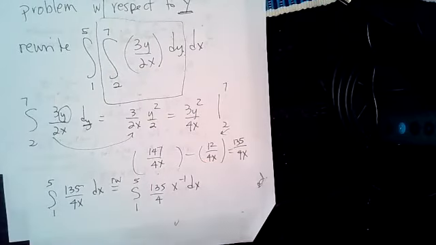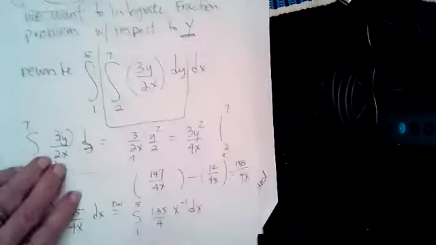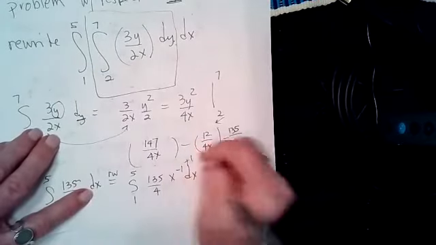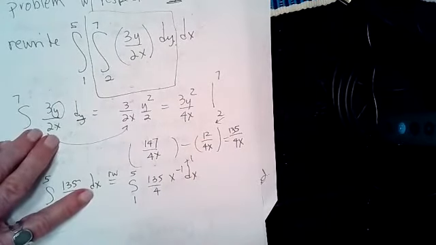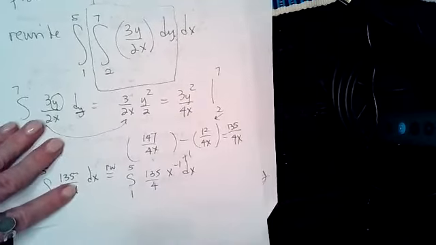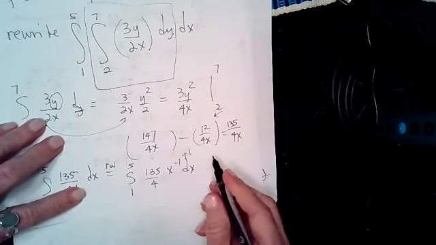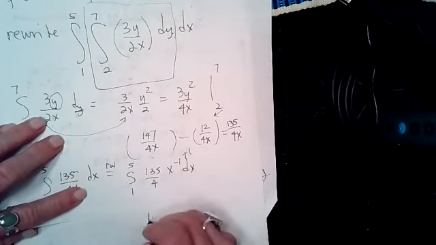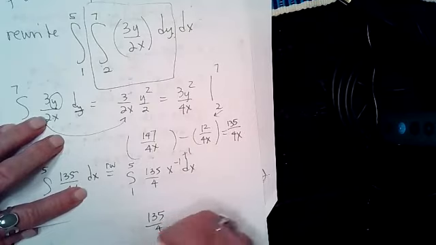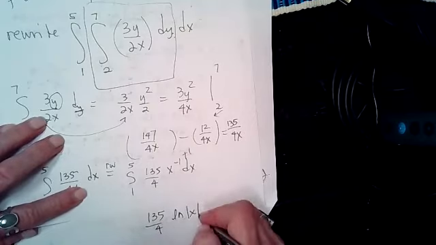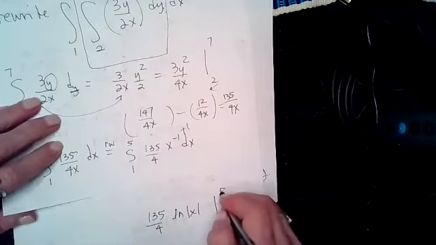Right? And so when I add 1 to the exponent, what happens to the exponent? I get 0 divided by 0, so that tells me I can't use that rule, so I have to use my ln rule. So that's going to be 135 over 4 times the ln of the absolute value of x from 1 to 5.